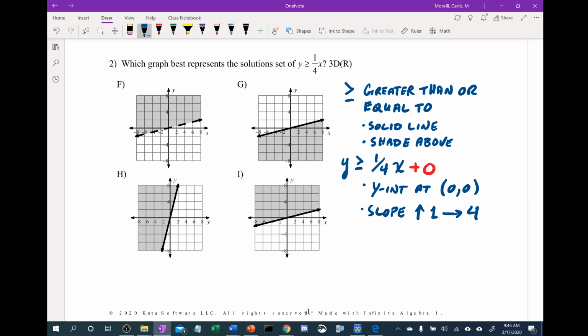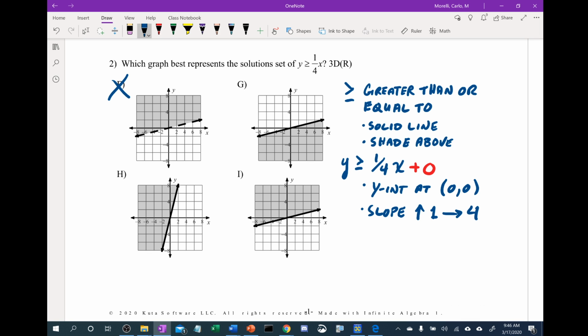So let's look through our answer choices. Any dashed line can be eliminated. So F is no good. The rest of these are tricky because they are all upward sloping lines and they're all positive. So we're going to have to make sure that all of our other conditions are met. We're looking for answer choices that are shaded above the line.